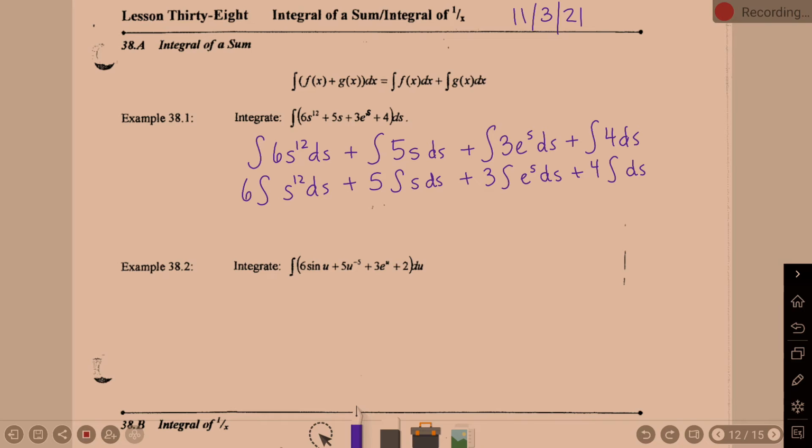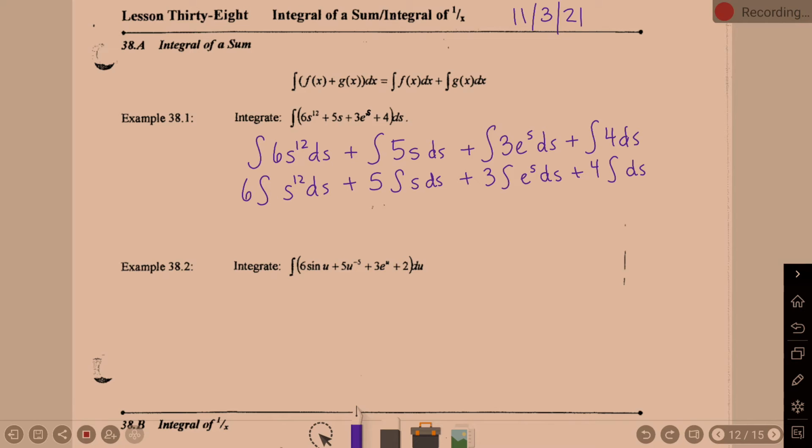Shall we integrate? Okay, so on the first one, 6 times the integral of s to the 12th. What's the integral of s to the 12th? This is where we have to use a special rule, right?